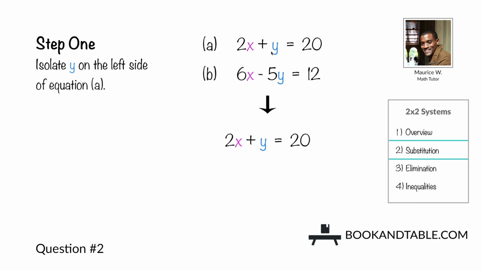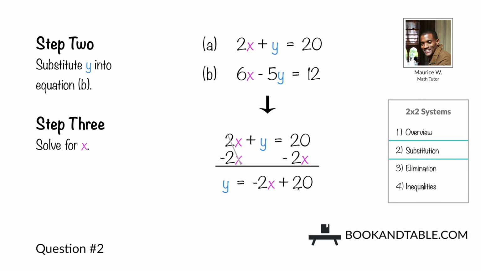So we'll isolate y on the left side of equation A for step 1. We'll subtract 2x from both sides, giving us y is equal to negative 2x plus 20. And now step 2, we'll substitute y into equation B here. And then step 3, we'll solve for x.